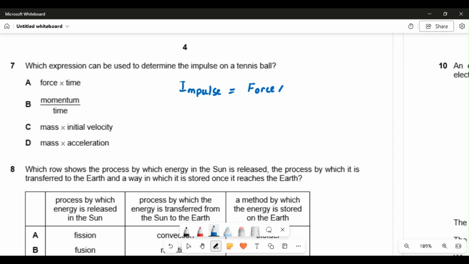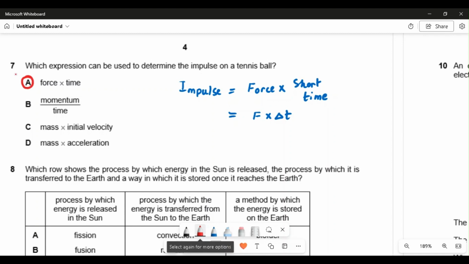That is a force for a short time interval. So if I write the symbolic equation, I can say force times delta T. So the correct option obviously is A.